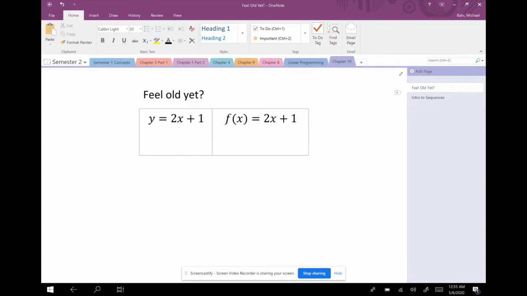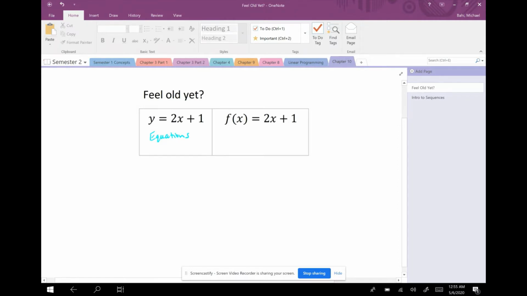Not gonna lie, I made this on my own, but I'm basing it off a meme theme that already exists. So, if you remember when you took Algebra 1, you were introduced to equations.